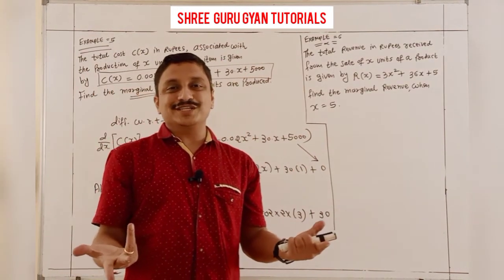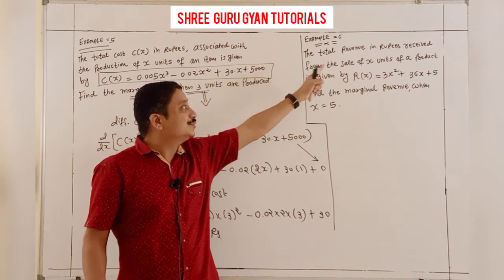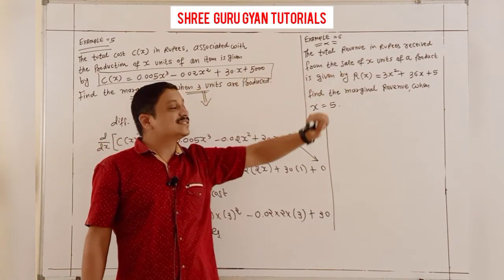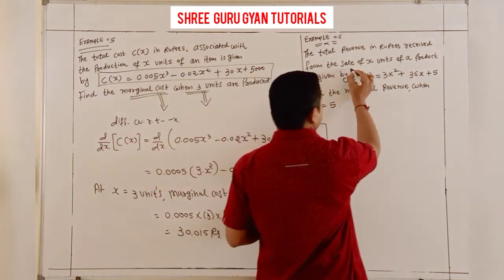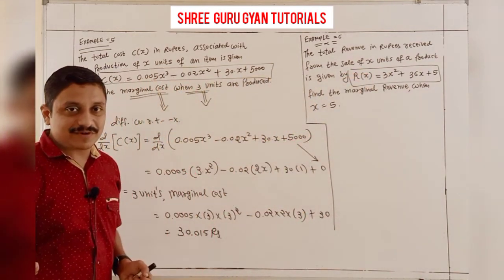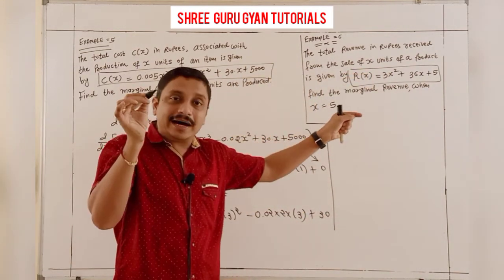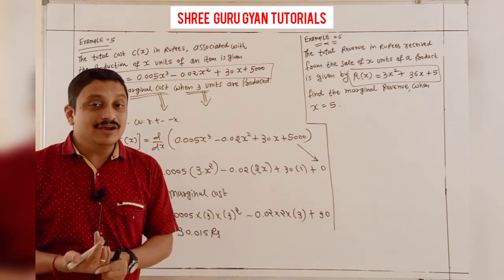Now a parallel question, one more, students. Example 6. The total revenue in rupees received by the sale of x units is given as the quadratic equation R(x) = 3x squared + 36x + 5, and it asks what is the marginal revenue at x equal to 5 units. Very easy.